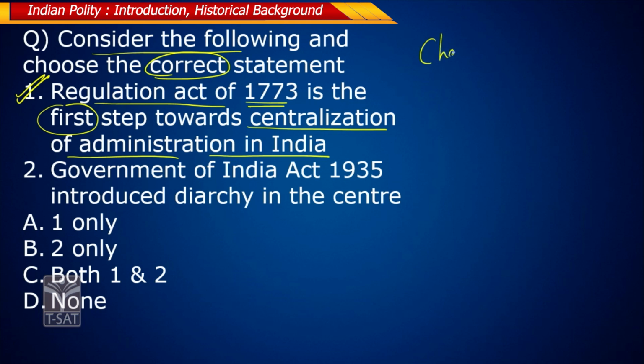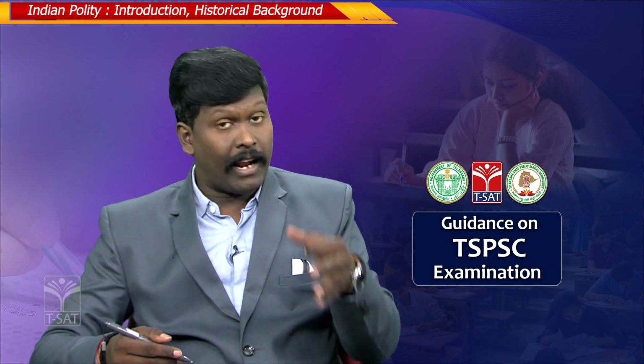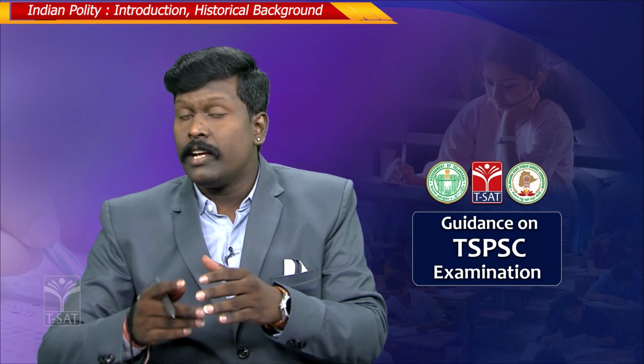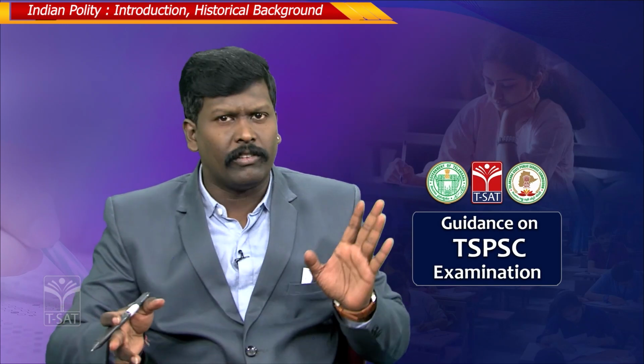And Charter Act of 1833 is the final step towards centralization of administration in India. The first step is the 1773 Act and the final step is the Charter Act of 1833, where according to the 1833 Act, East India Company has purely become a political and administrative organization. It is not a commercial entity. So the first statement is correct.